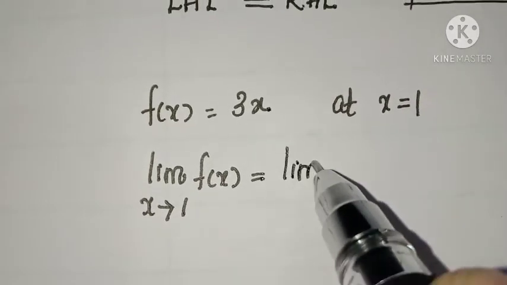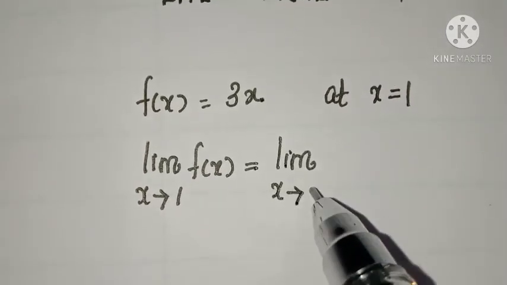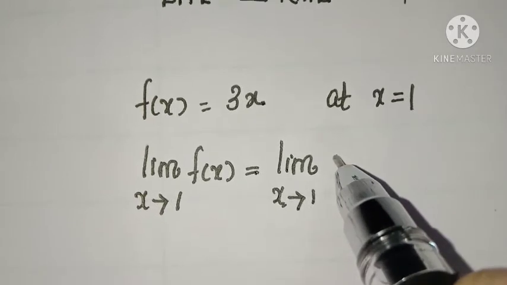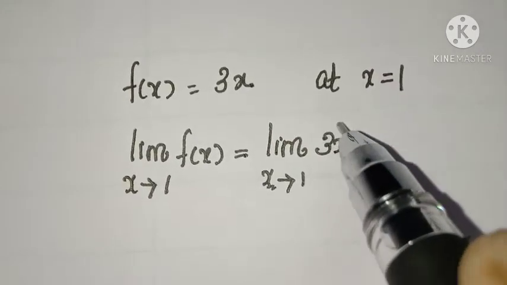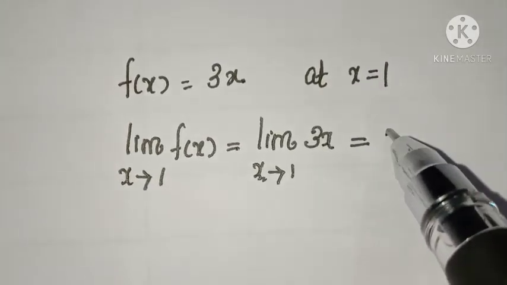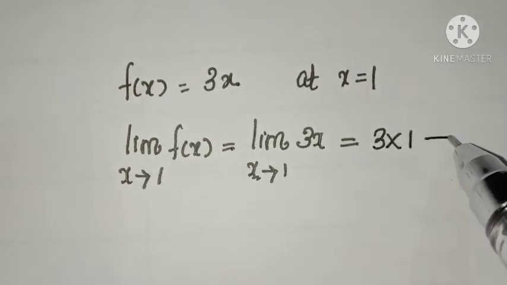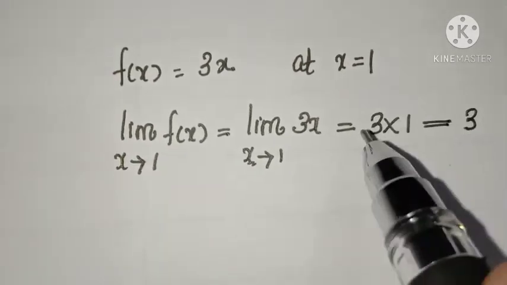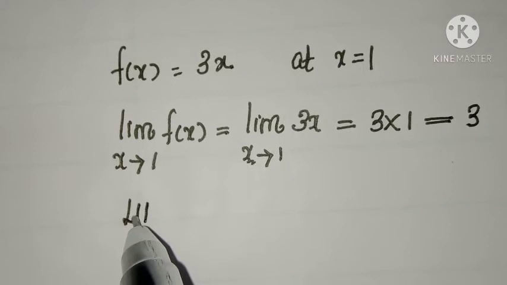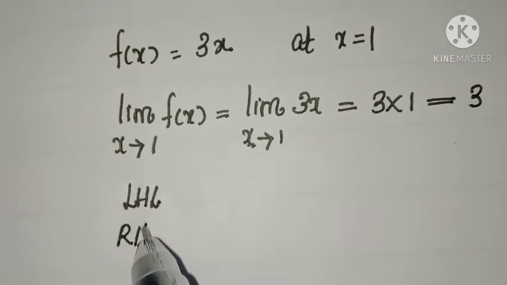Here the function is 3x. Simply put x equal to 1 here. So this is equal to 3 into 1, which is 3. And this value is the same as the left hand limit and right hand limit.